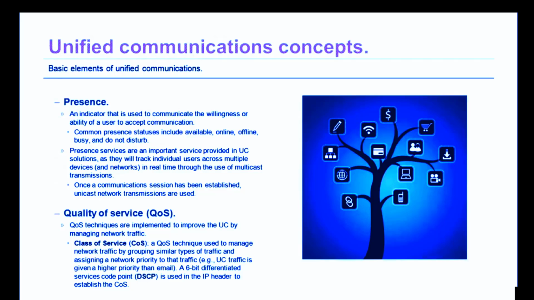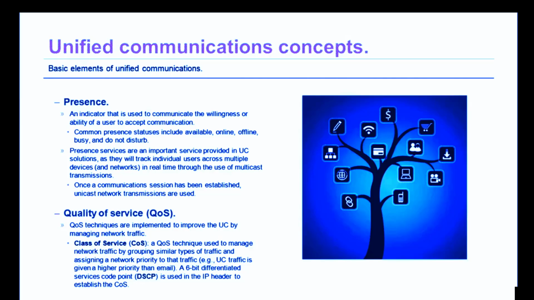The first concept that we're going to discuss is presence. Now, presence is an indicator that is used to communicate the willingness or ability of a user to accept communication. Common presence statuses include available, online, offline, busy, and do not disturb.